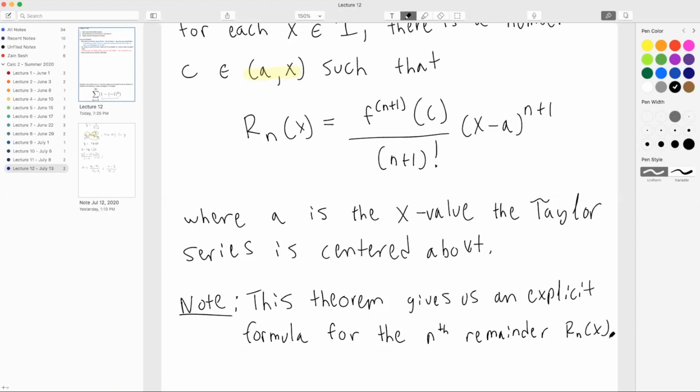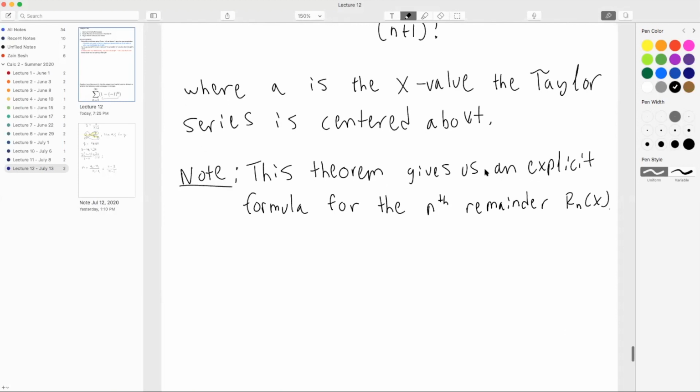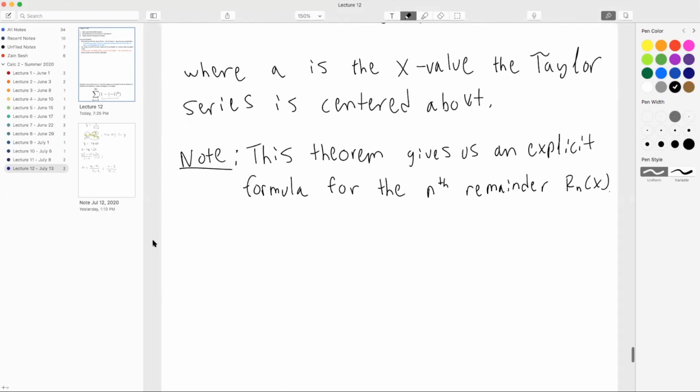All right, good. So now we just have the second part of Taylor's theorem. Here is part 2.